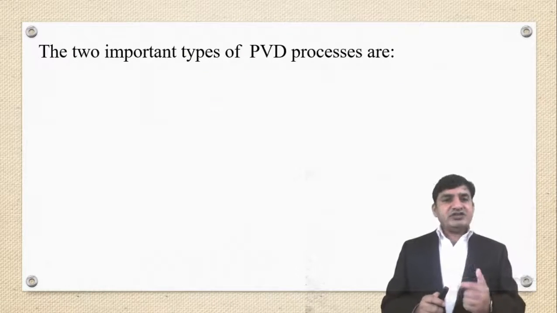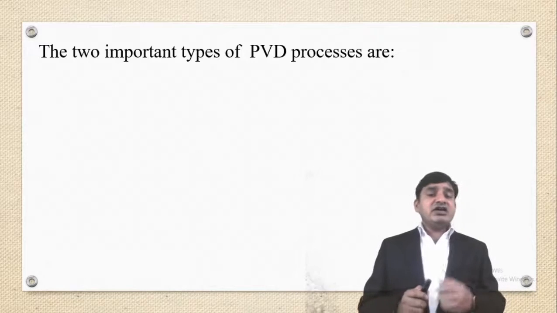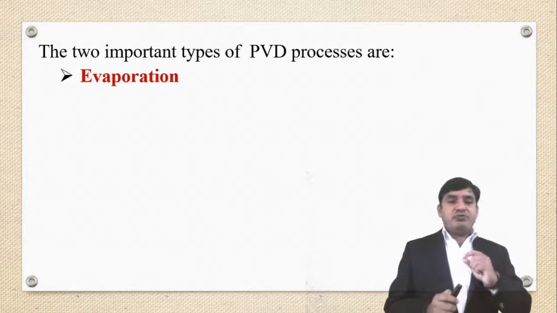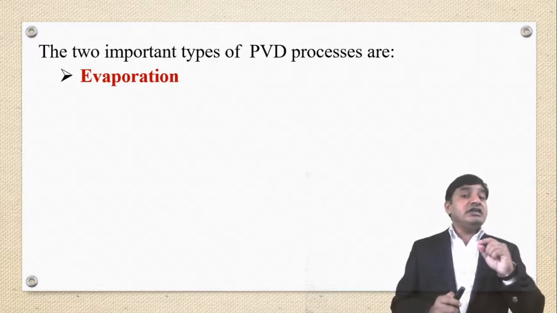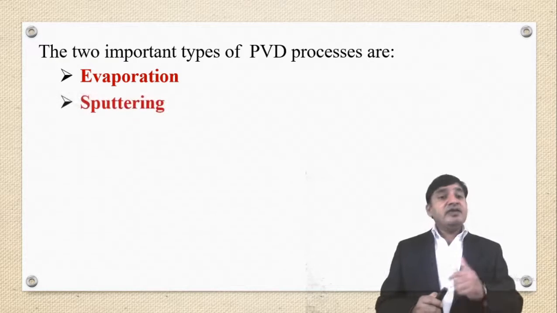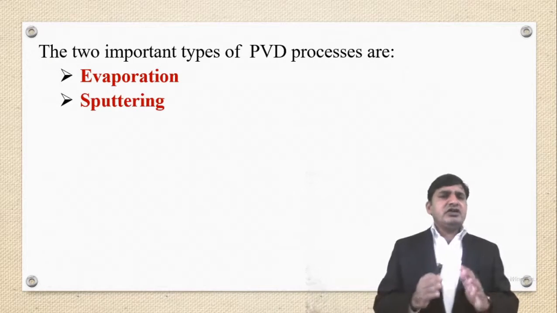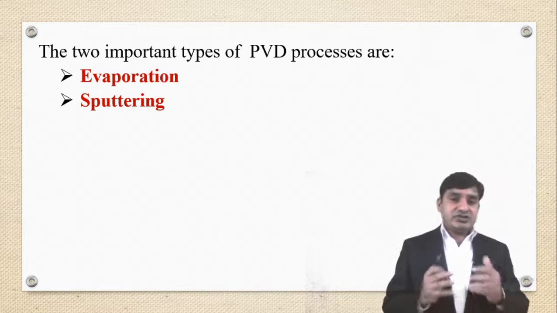Next, there are two important types of physical vapor deposition process. First is evaporation, in which the material is evaporated. Second is sputtering. In evaporation, we use direct heating, indirect heating, inductive heating, then laser evaporation.